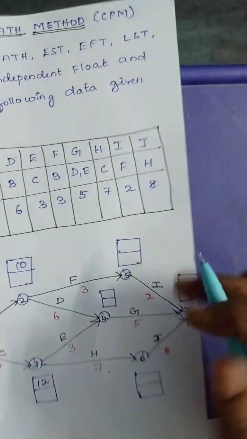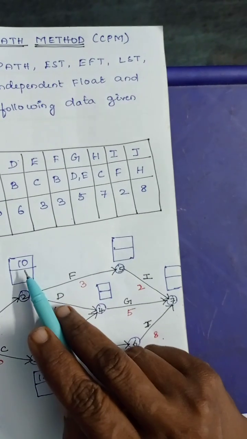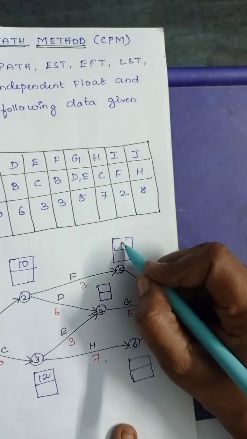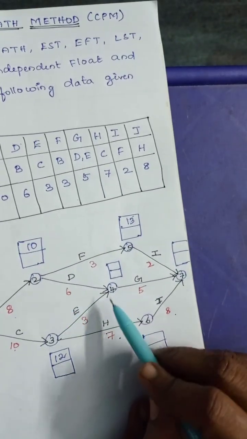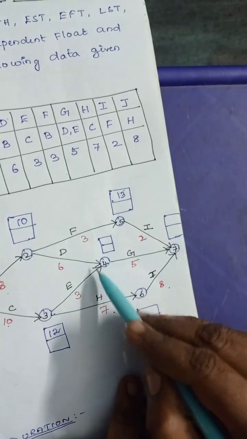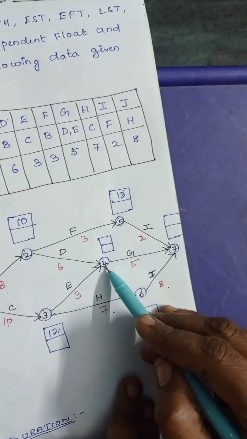For F activity the starting time is 10 plus 3, that is 13. For this activity you have two activities connecting to it.